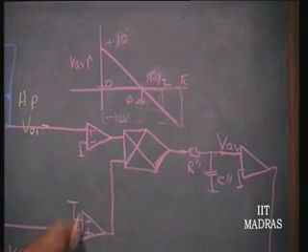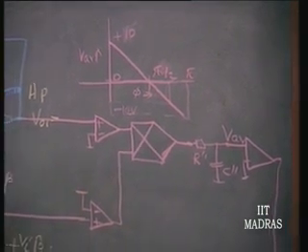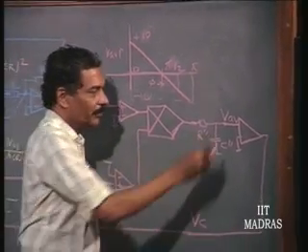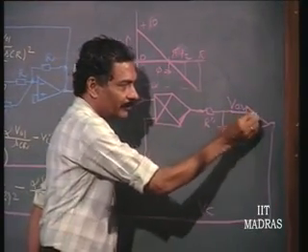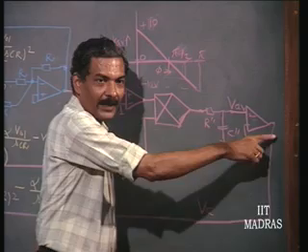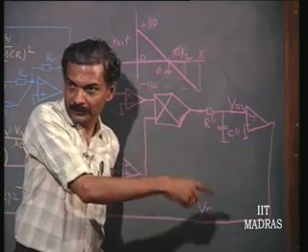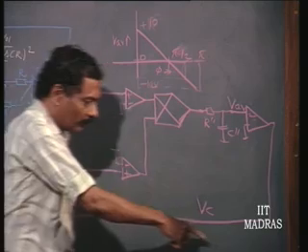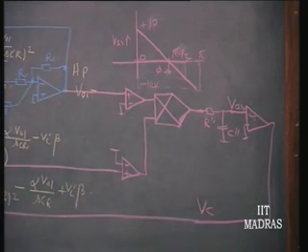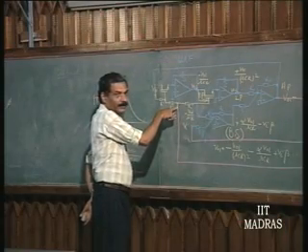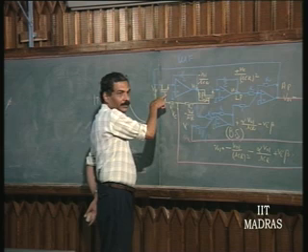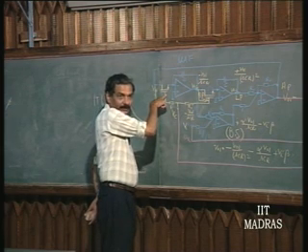So, this voltage is negative. If this is negative, let us put this as negative just for argument, then this would have gone to more positive voltage, more positive or less negative. More positive means the resistance is going to decrease.